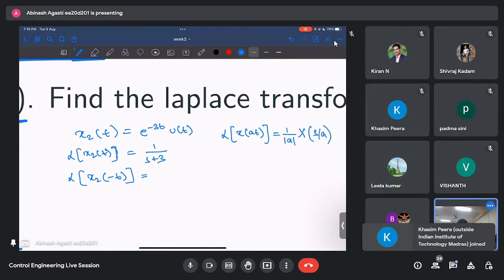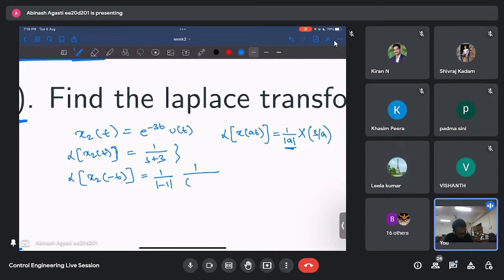Basically in this function we'll replace s by a and multiply 1 by mod a on the outside. So that is 1 by minus s plus 3. That is, we replace s by minus 1. So this is 1 by 3 minus s.